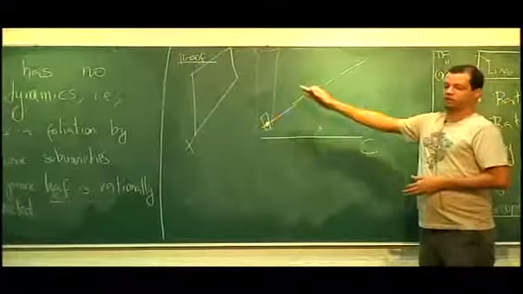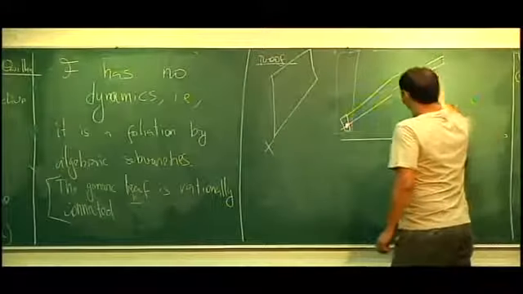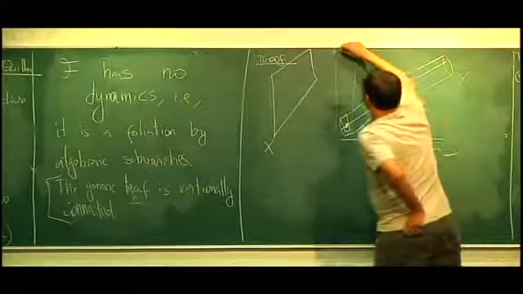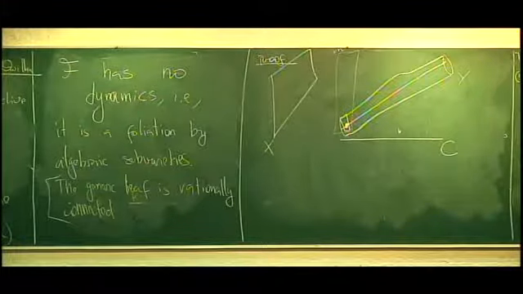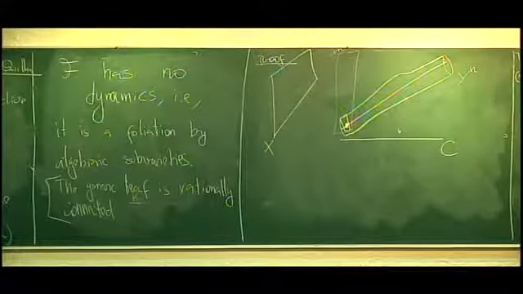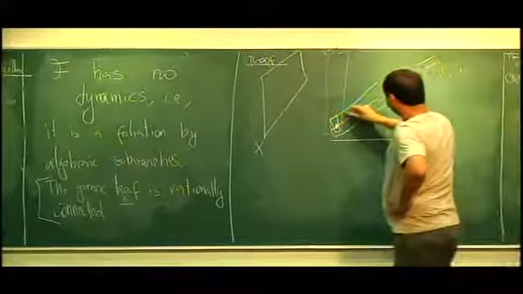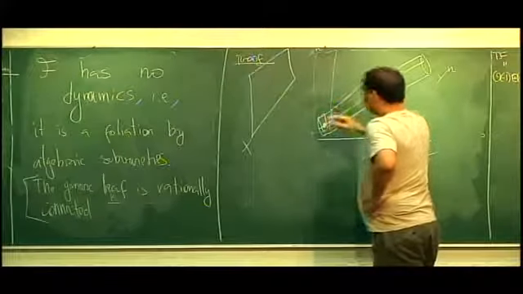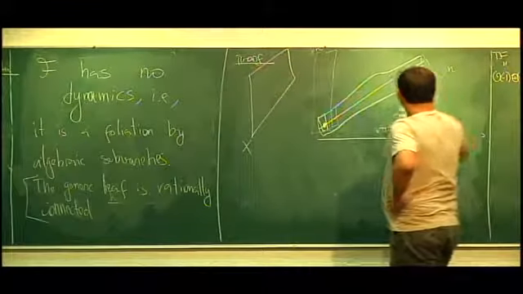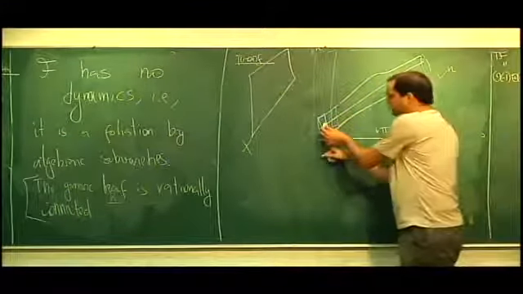Okay? And I can do this for all points. So in this way, I will construct a variety of dimension, see, if X has dimension n, this will have dimension n also, which contains this diagonal, and such that the trace of our leaves can be recovered as the levels of the projection from Y to C. Because over a point of C, the only thing that I've put here is the leaf.